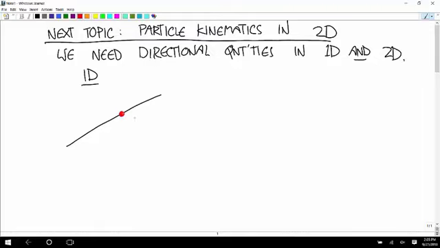So this particle can go this way or this way, and that's all of its choices. So if you choose a positive direction, one of those 2 directions is defined by positive and one's defined by negative.